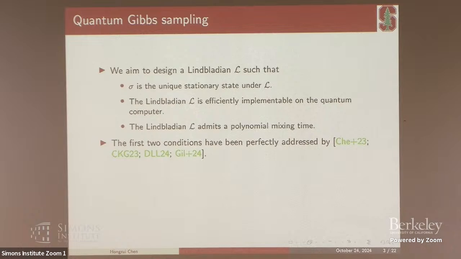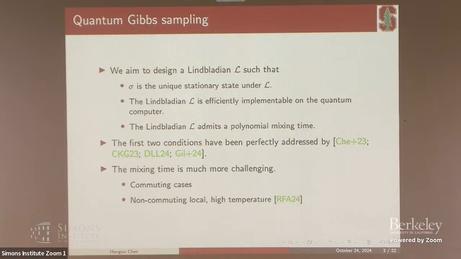So basically for a Hamiltonian, we already know how to design a Lindblad equation that converges to the correct state and also has an efficient algorithmic implementation. But for the third condition, the mixing time is much more challenging.